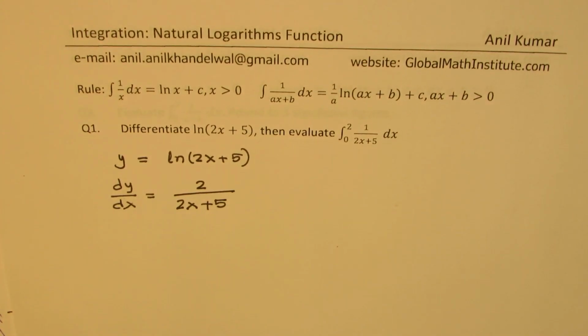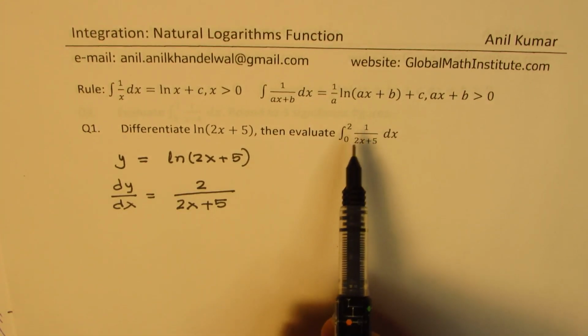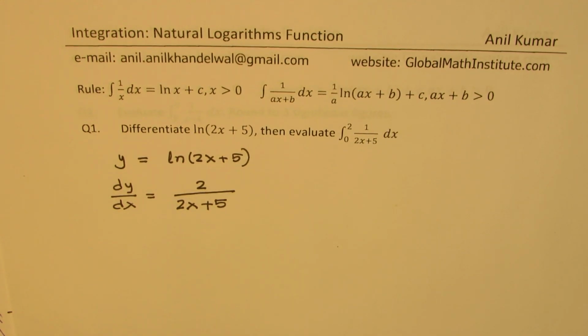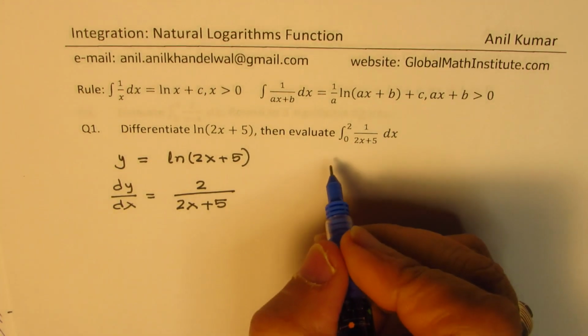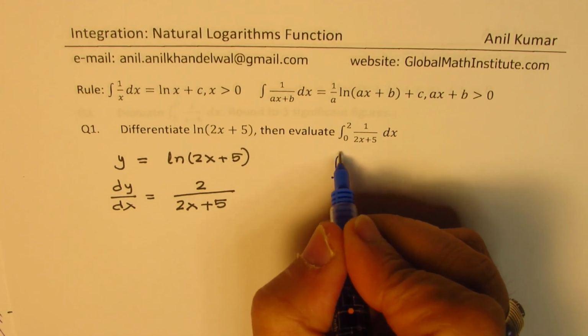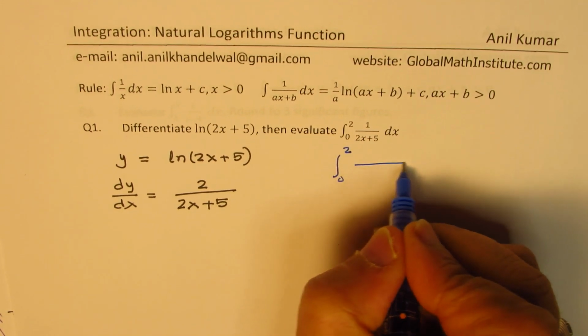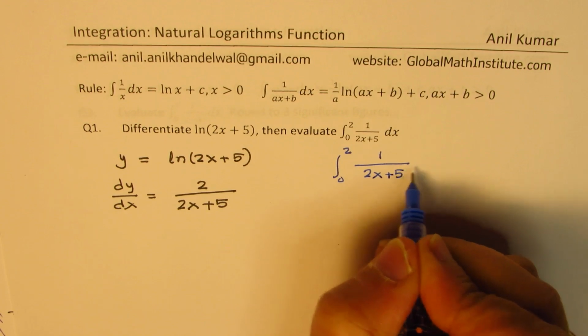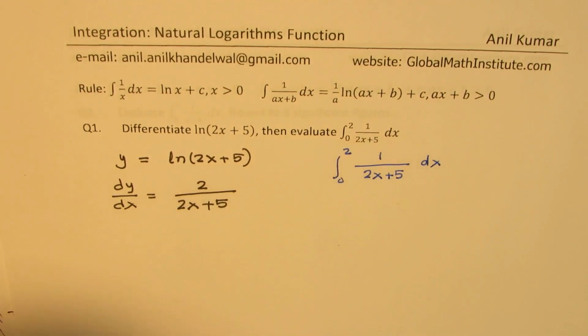Now we need to find the integral of 1 over 2x plus 5. That is the reverse operation. So we need to find here the integral from 0 to 2 of 1 over 2x plus 5. This is what we need to find.